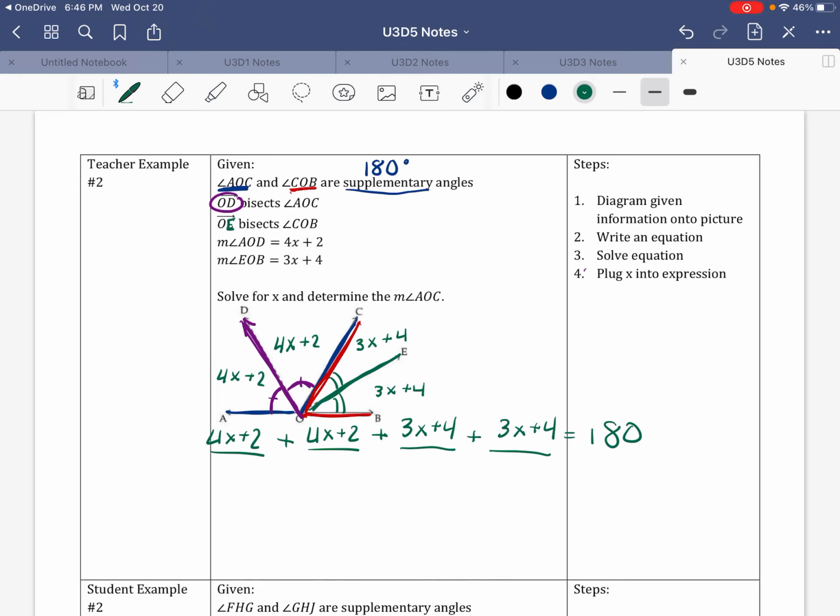So I have 4x, 4x, 3x, 3x. So when I add them all together, I get 14x. And then 2 plus 2 plus 4 plus 4 is going to be 12. Okay? And then when I solve, I'm going to subtract 12 from both sides. 168. And then divide by 14.